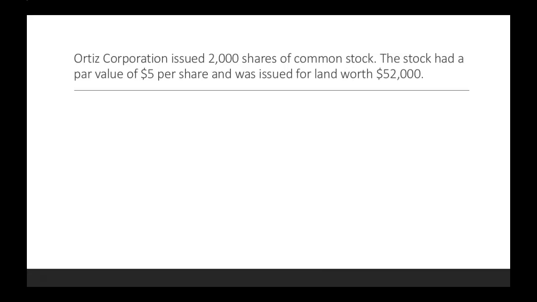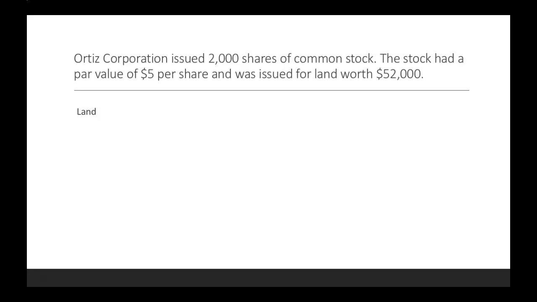Now this last one, the stock had a par value of $5 per share, so we have a par value again, and it was issued for land worth $52,000. So here, instead of getting cash from an investor, we got land. So land is an asset.